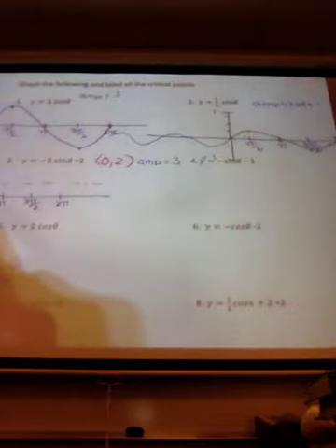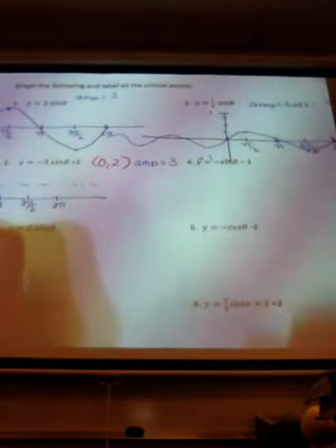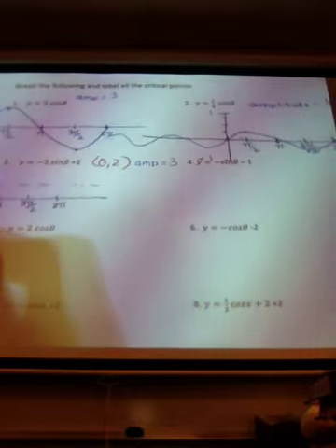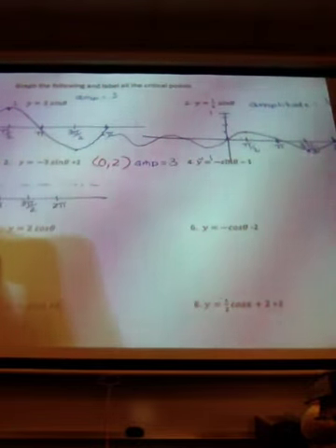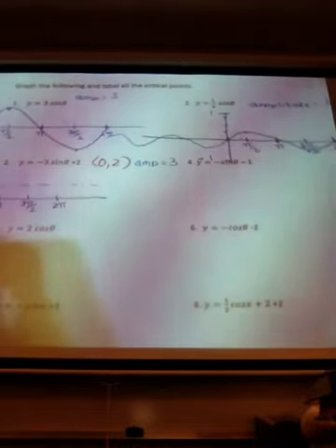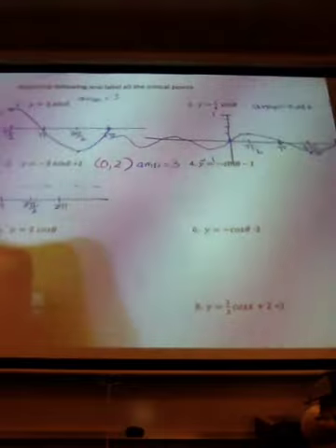Where is it going to be at pi over 2? -1. Good, because it's negative. Instead of going from 0 to maximum, it goes from 0 to minimum. It's reflected over the x-axis. The negative affected that part. So here, if I go down 3, it will be right here.